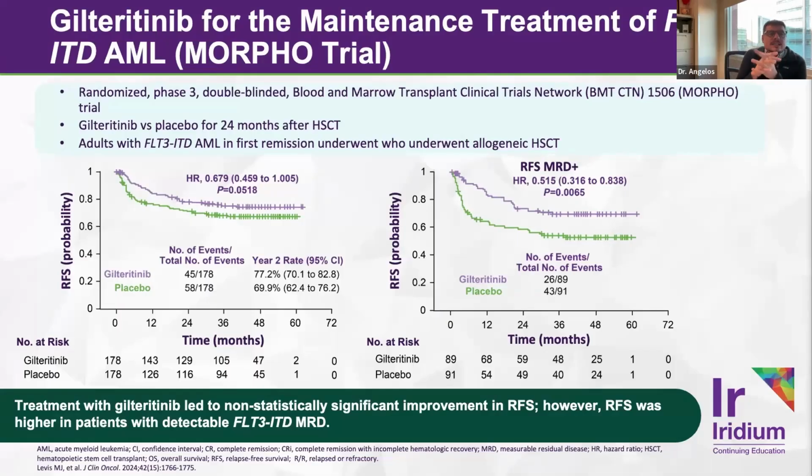This was a randomized phase 3 study run from the BMT CTN. The question was whether we should be giving patients gilteritinib 2 years after their transplant in order to prevent relapse and minimize any adverse events that would pop up.